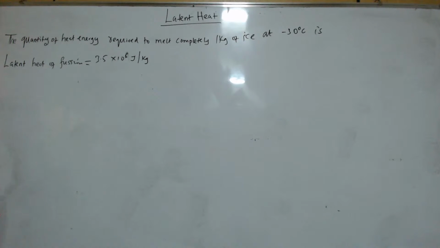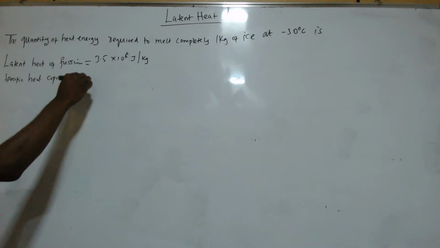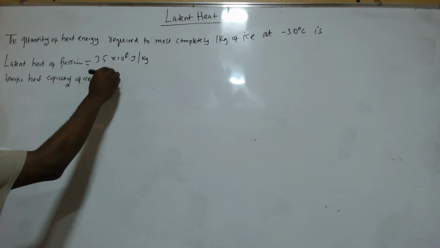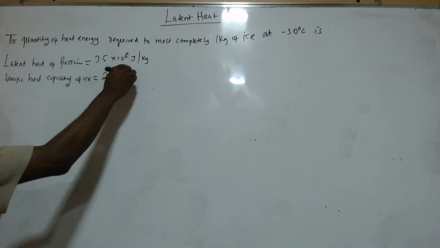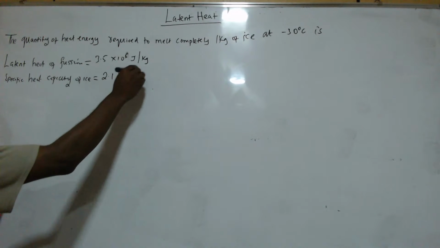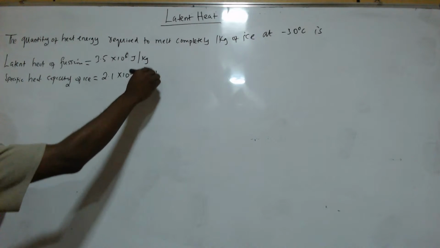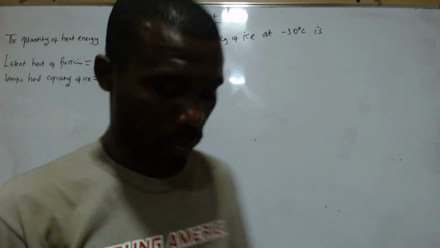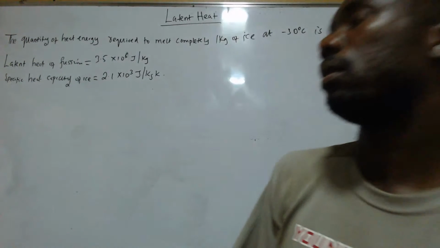And then we have the specific heat capacity of ice, 2.1 times 10 to the power 3 joule per kilogram per Kelvin. That's what we are told to calculate.